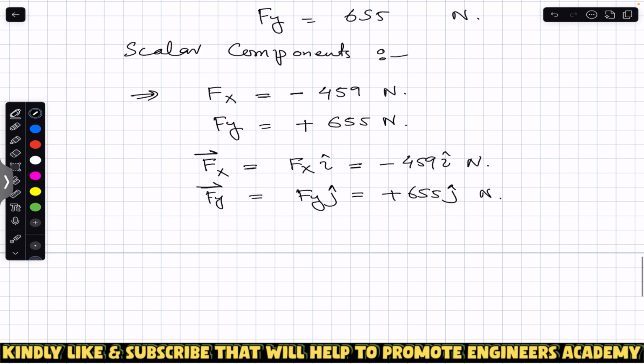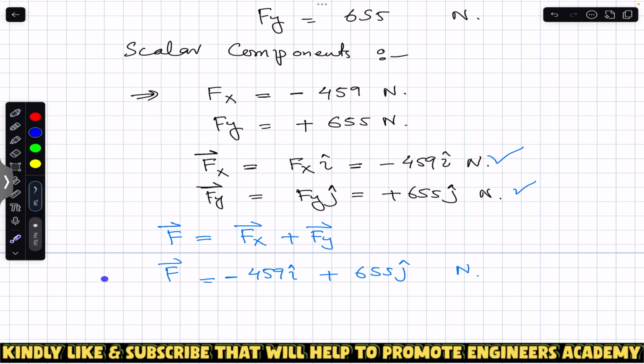And similarly we want to write that force F in terms of I and j. So since we know that F vector is equal to f of x vector plus f of y vector. So f of x vector is this minus 459 I, and f of y is this 655 j, and the units are in Newton.